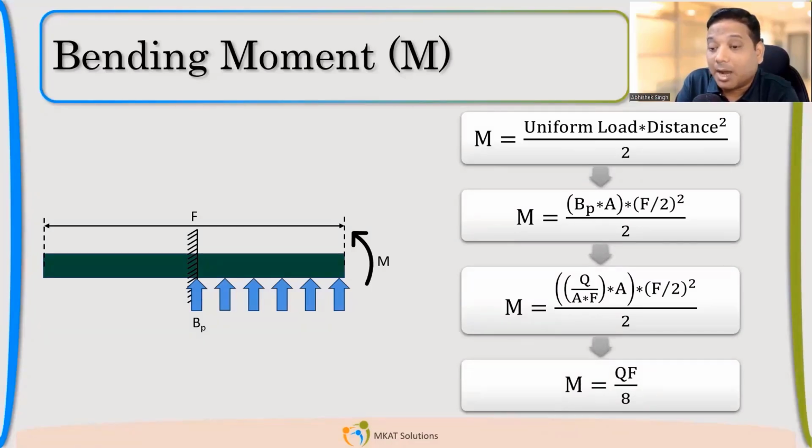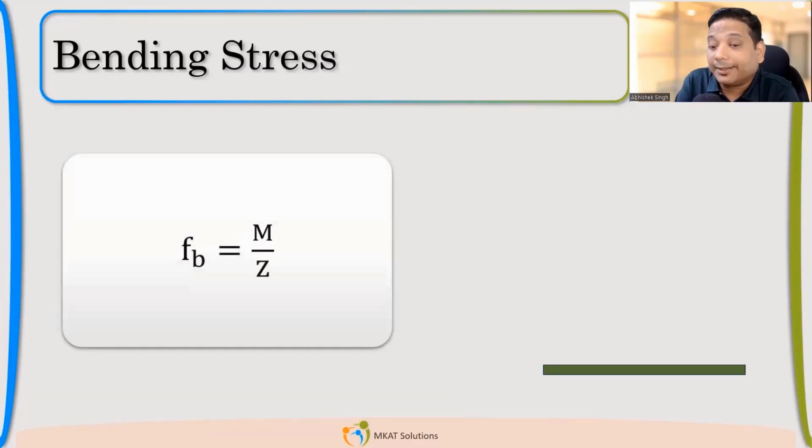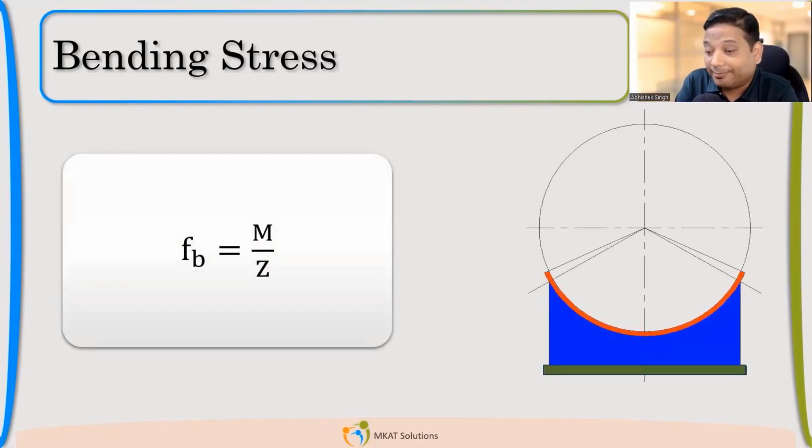Now, what about bending stress? That is M by Z: the moment, which we have already calculated, divided by the section modulus. Section modulus of which shape? Which shape is bending, basically? Yes, the rectangle. The face you see here.